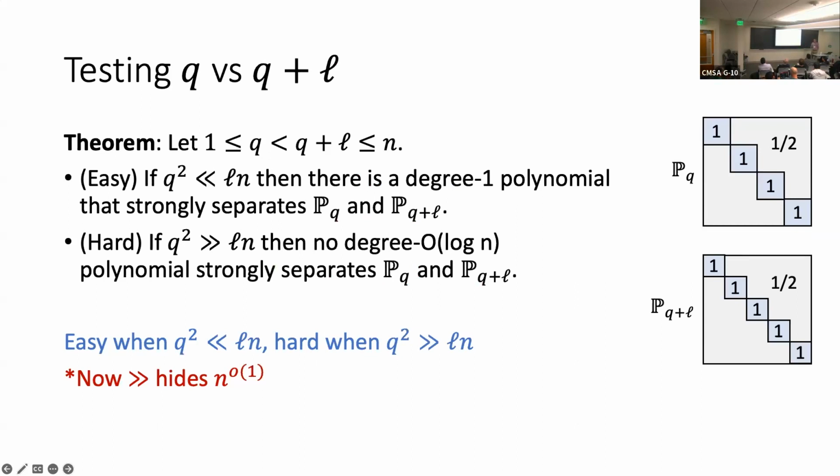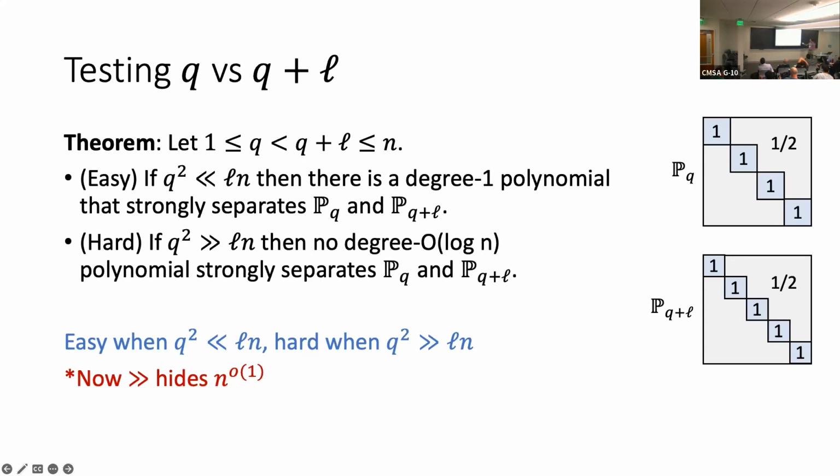Okay, so here's the main theorem about low degree polynomials that underlies this whole argument. Like I kind of alluded to on the last slide, we're going to think about testing a planted Q coloring versus a planted Q prime coloring for some Q plus L, a different number of colors.